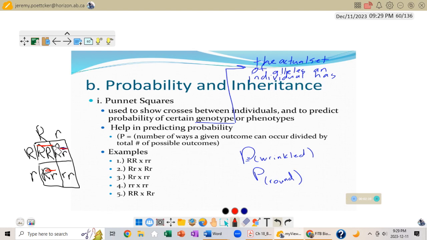Interesting thing going on here, of course, is that both parents show the dominant phenotype, and yet it is easily possible, with this little r, that 25% of their offspring show the recessive phenotype.